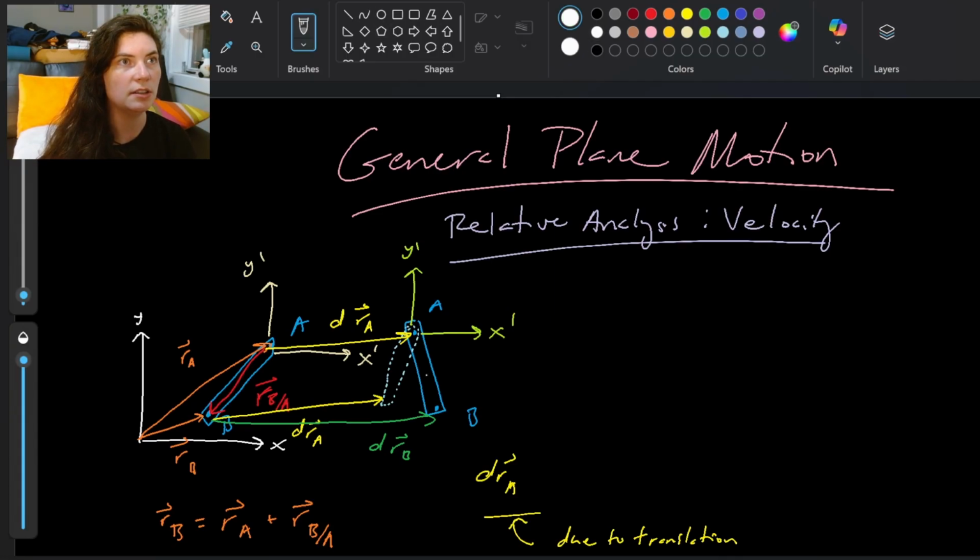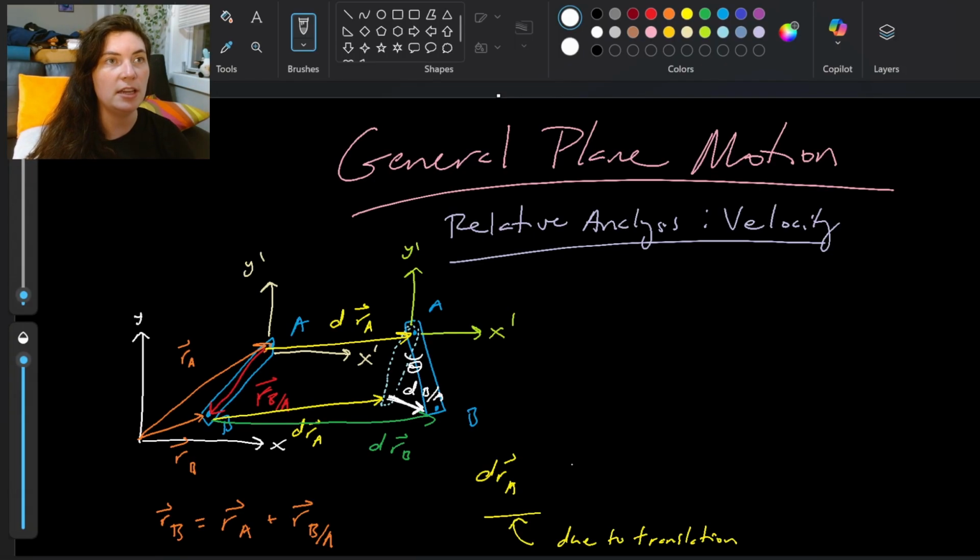We look here, this vector that connects these two points is going to be our displacement of B with respect to A. That's that little bit that moves it, and it moves it through this rotation, this angle theta. So you've got this displacement, delta RA, displacement due to translation.